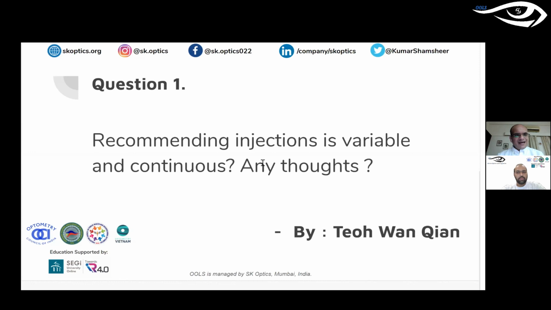And the way I recommend it is, I usually recommend that the patient undergo monthly injections for the first 3 months. And after that, we usually take a break based on what injection I'm doing. I call the patient at 6 to 8 weeks after the third injection. We do an OCT. And if the OCT shows any form of fluid, we inject.